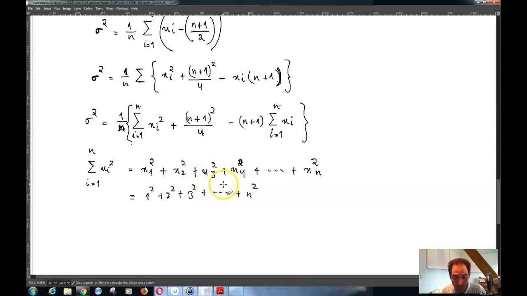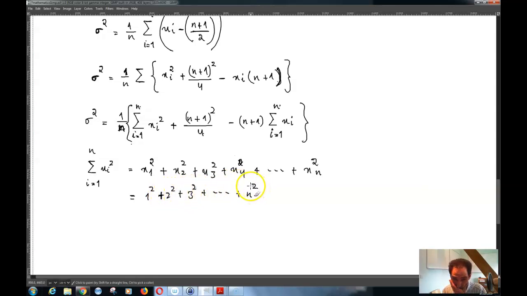So now if you want to add these terms together, these are the sum of the first squares.